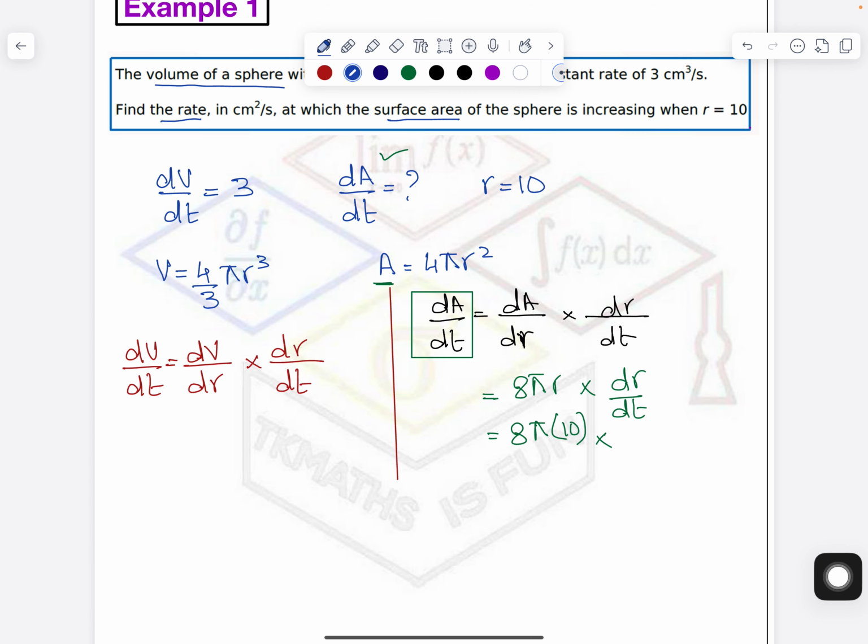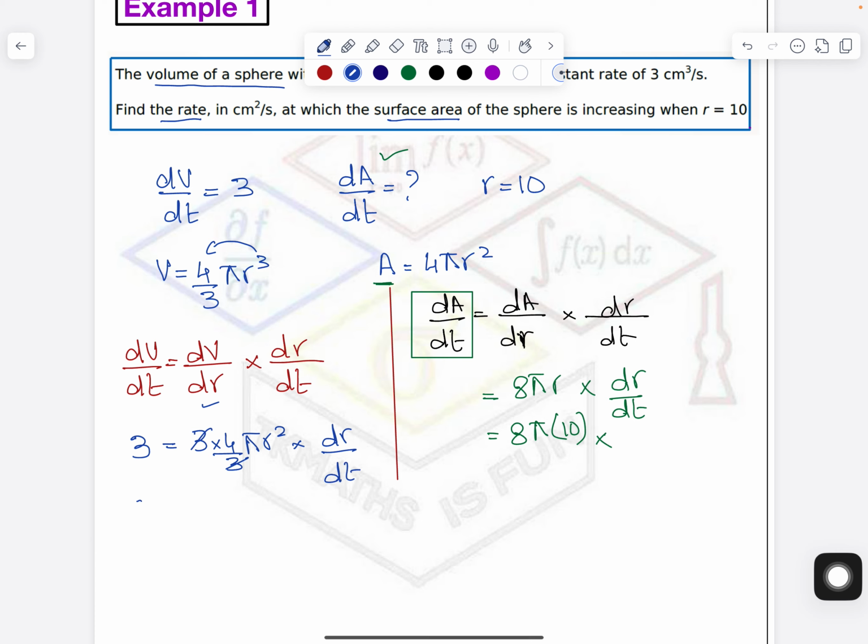So dV with respect to dt, the differentiation of volume with respect to time, is given to you as 3 in the question. And differentiation of volume with respect to r I can figure out easily. I can differentiate it, so it will become 3 equals 4 over 3 pi r square times dr over dt. Right.